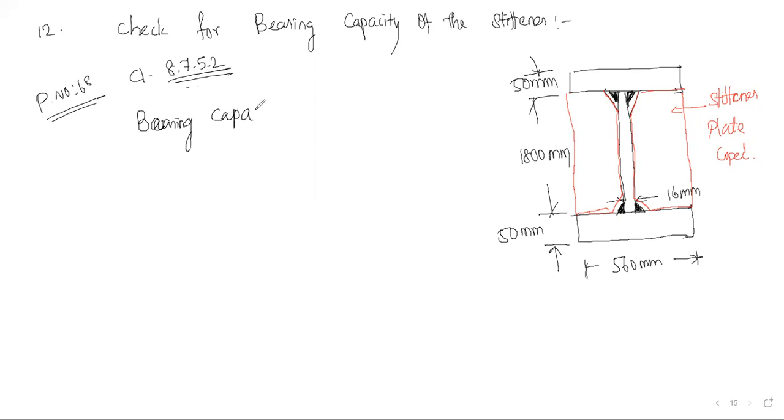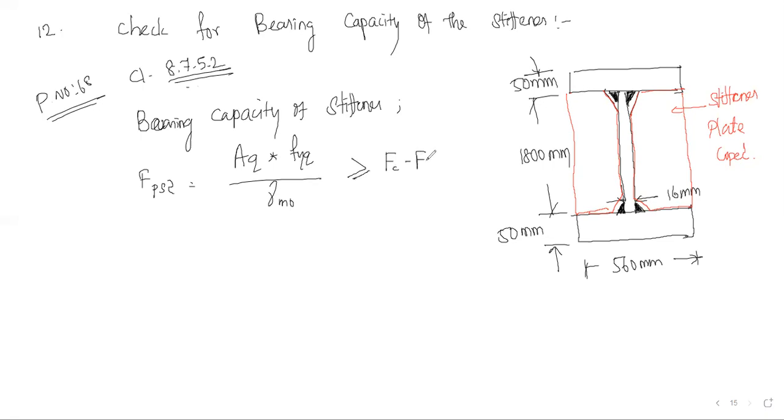Formula: FPsd is equal to Aq into fyq divided by gamma m0. It should be greater than or equal to Fc minus Fw.